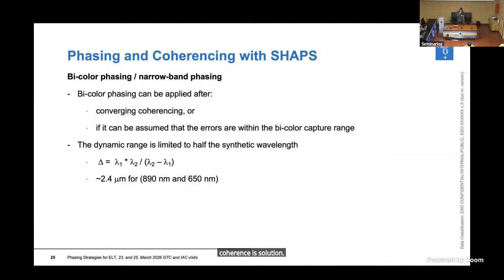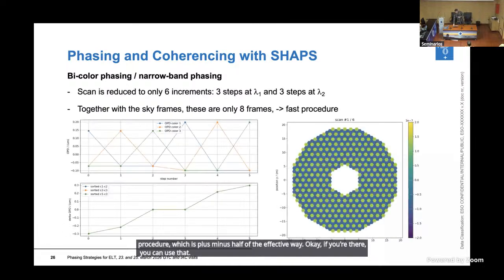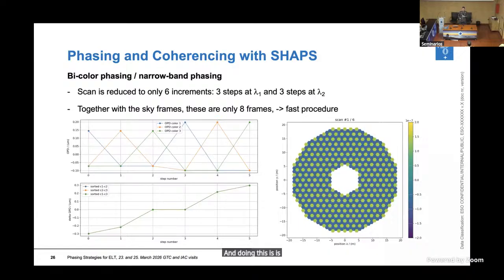Bicolor phasing, as I said, uses two colors. You just need to make sure that you are within the capture range of that procedure, which is plus minus half of the effective wavelength. If you're there, you can use that. Doing this is more time efficient because you only have frames at one color and frames at the other color that you modulate with two sky frames.